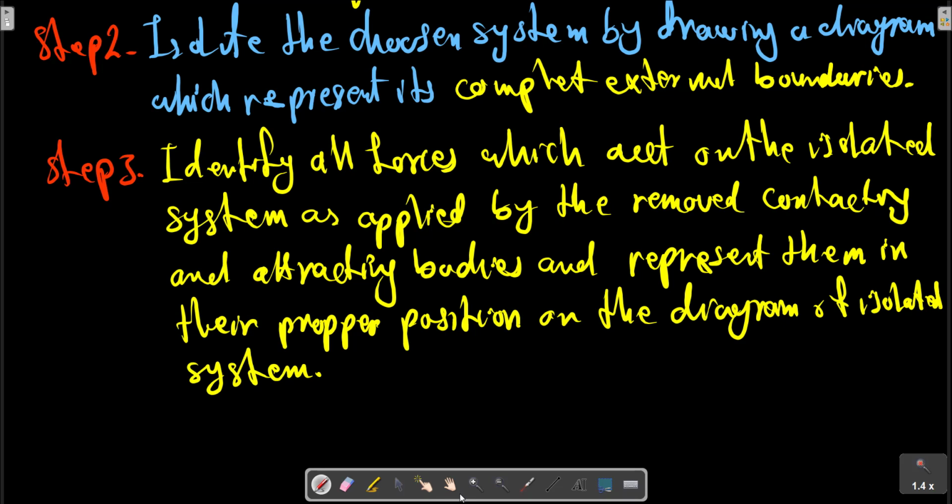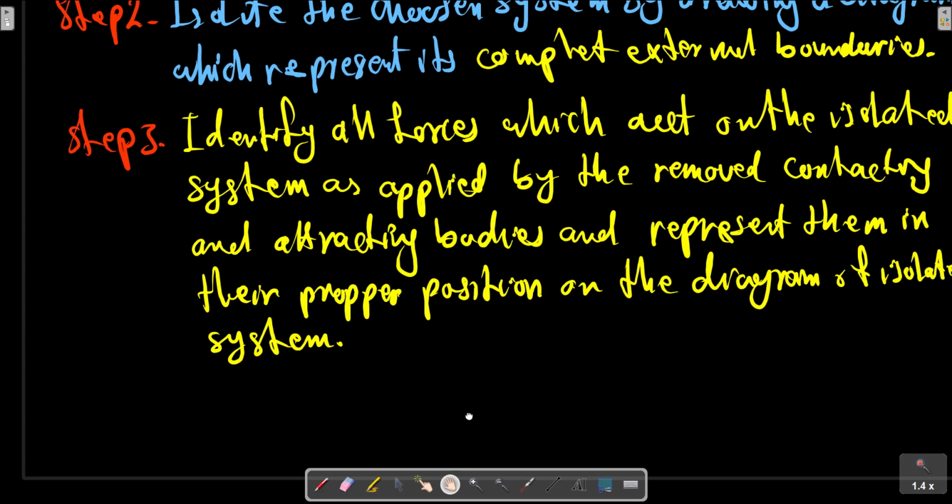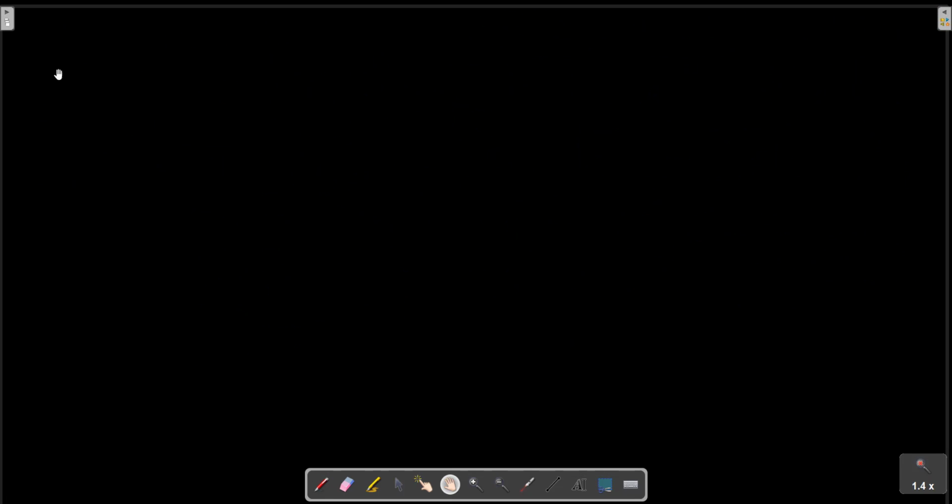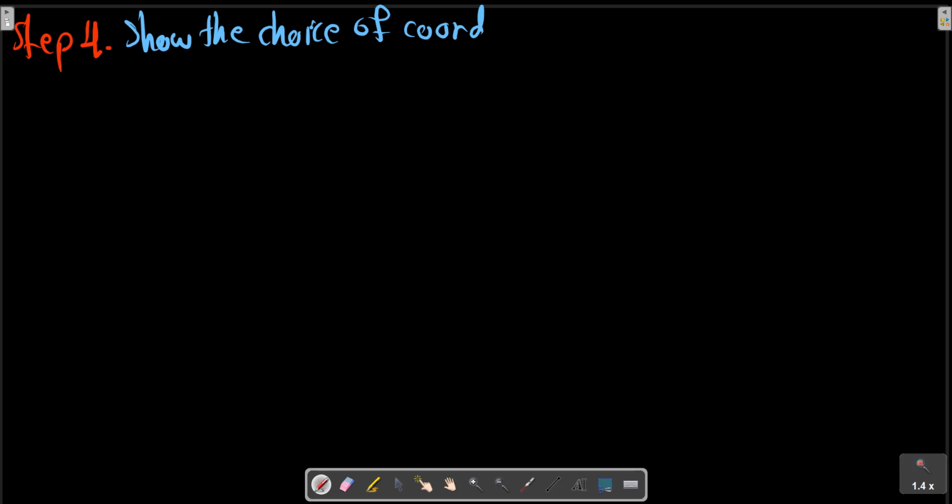Step 4. Show the choice of coordinate axes directly on the diagram.